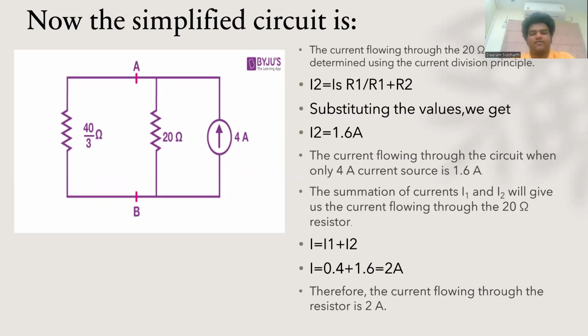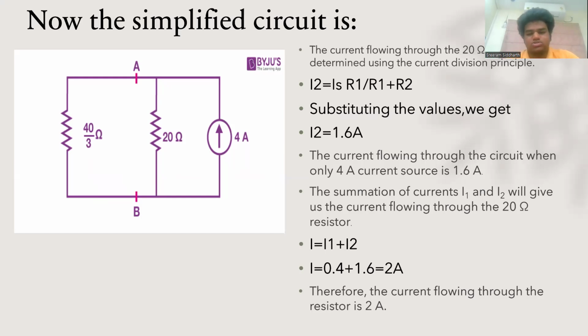Here we'll find the second current through the 20 ohm resistor by using the current division principle. R1 is 40 by 3 and R2 is 20.